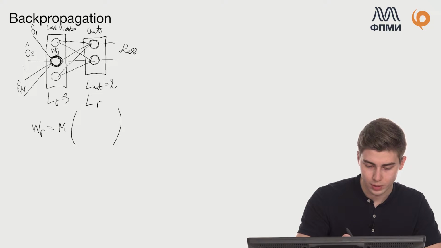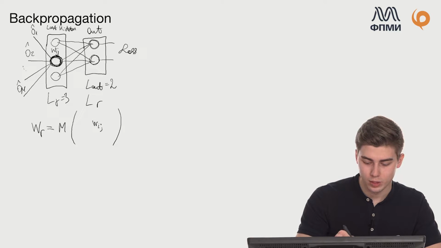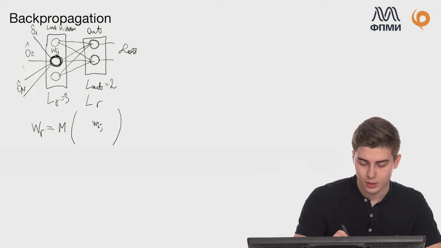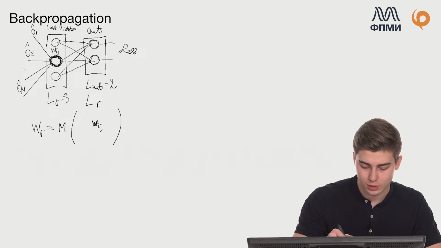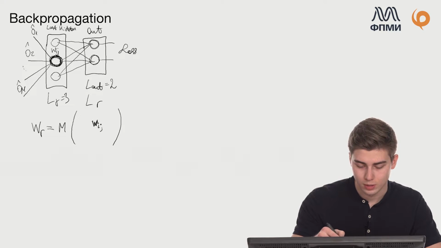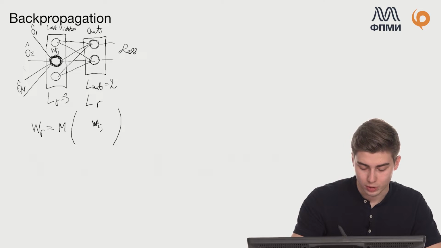And here we have the w_ij. So w_j is the weight vector of the neuron number j in this layer, and the i is the index of the weight in this numeric vector. So w_ij is just a number.